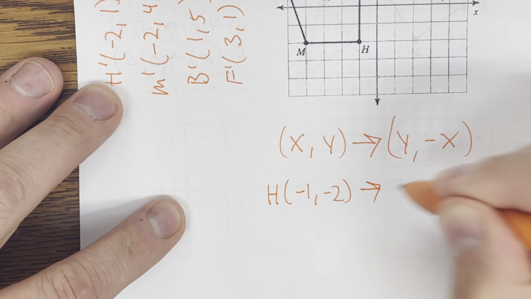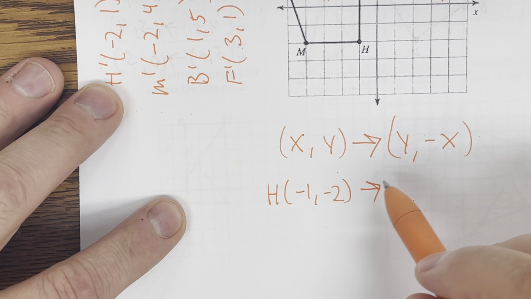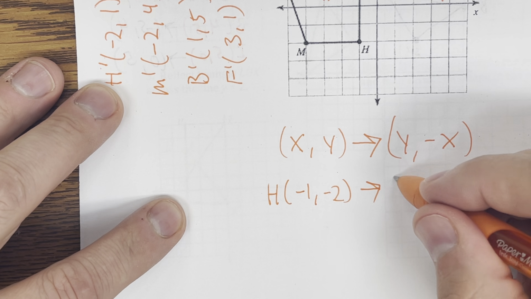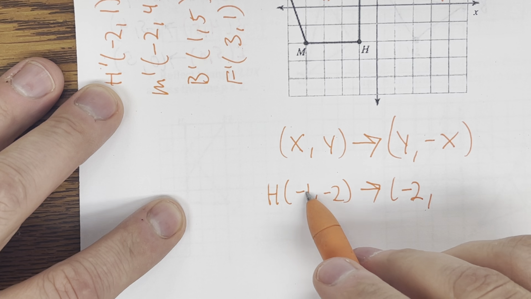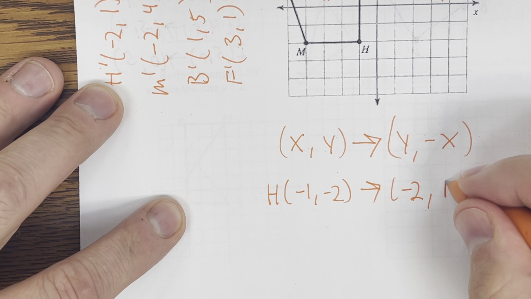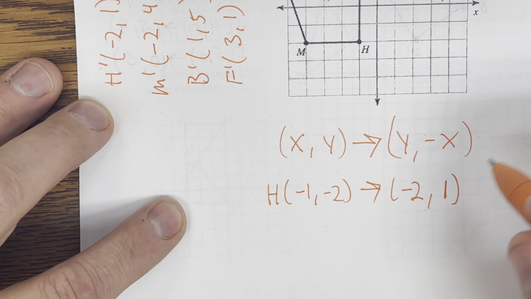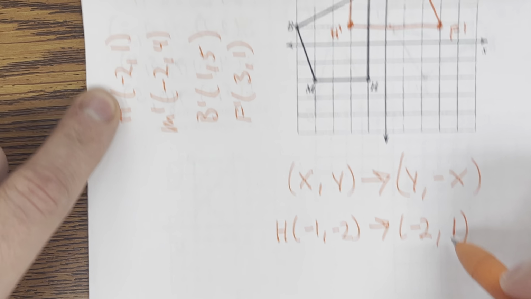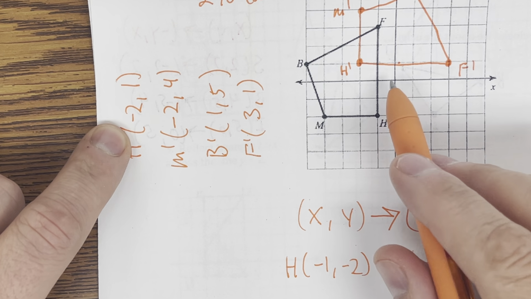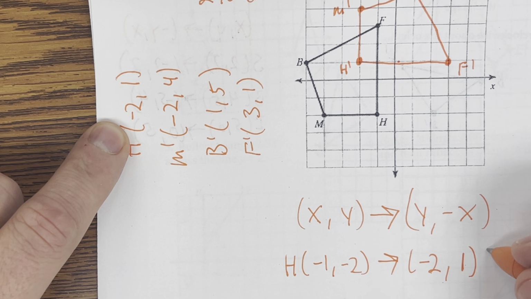And let's see how that's mapped. So I have to flip the y back, so that would be negative 2. Bring the x over and switch the sign to be 1. So was our H prime negative 2, 1? Yes, indeed it was.